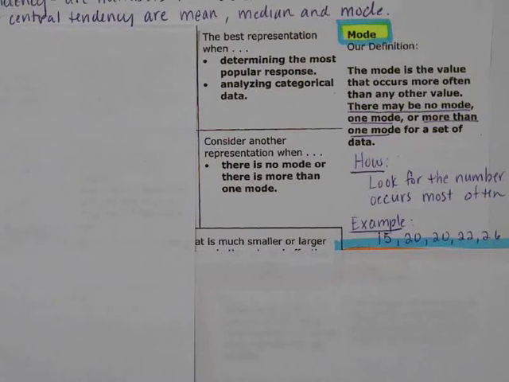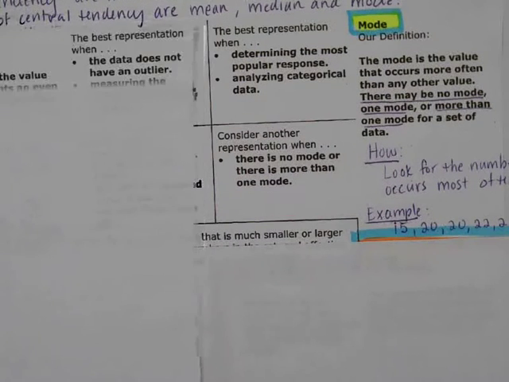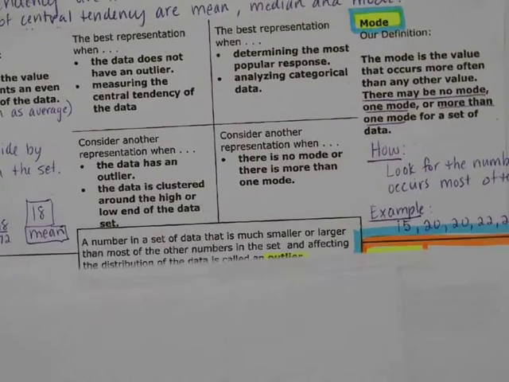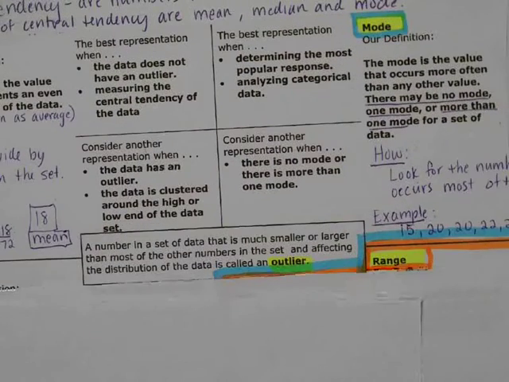Now, when we spoke of mean, we talked about outliers. Here's the definition for outlier. It is a number in a set of data that is much smaller or larger than most of the numbers in the set and affecting the distribution of data. We call that an outlier.